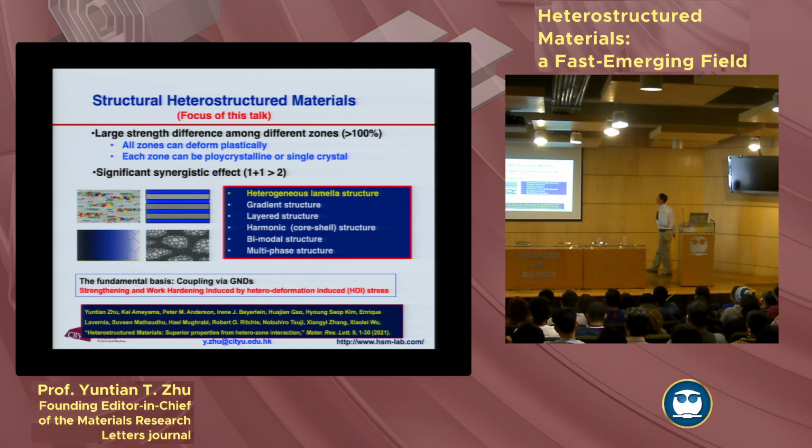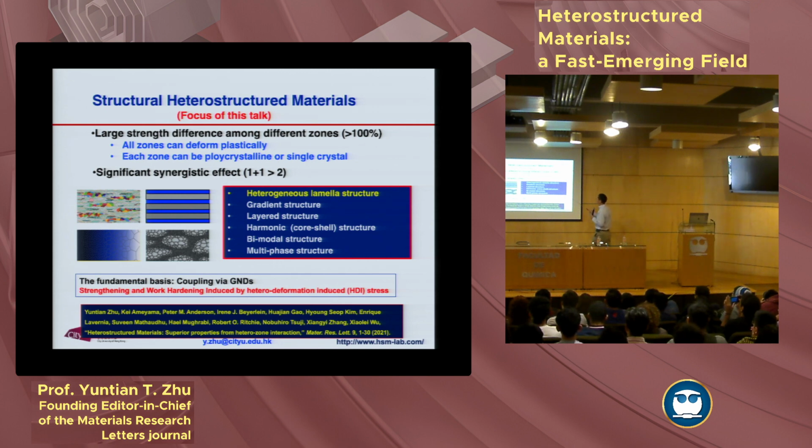So in this talk, since my area is structural materials, I will focus on metals and alloys. And for this, we need to have a very large strength difference among different zones. You may ask, what is a zone? It's not a grain.